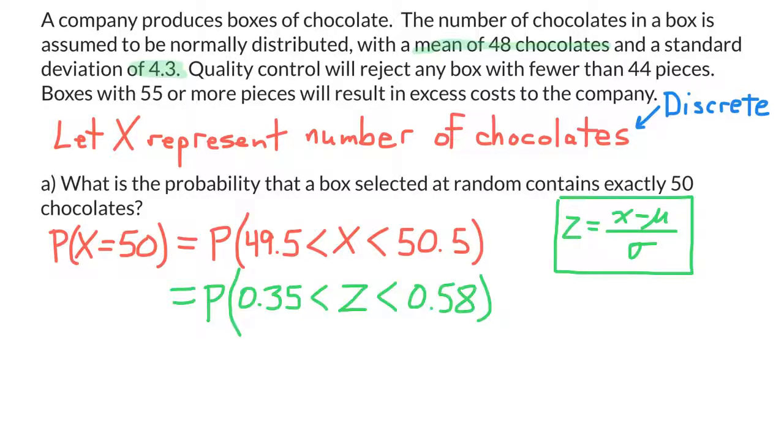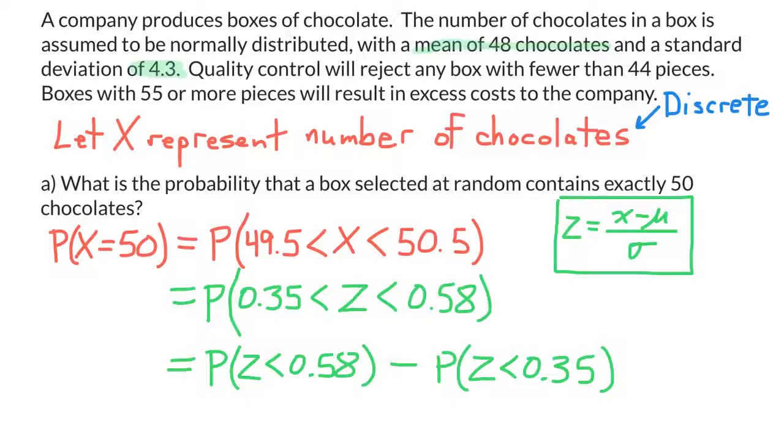So when I change my x value of 49.5 to a z-score, it becomes a z-score of 0.35, and my x value of 50.5 has a z-score of 0.58.